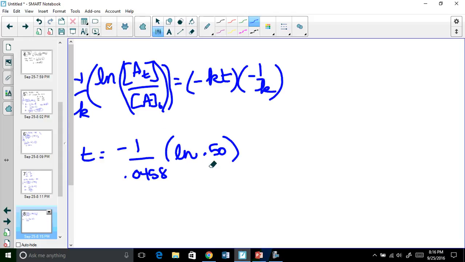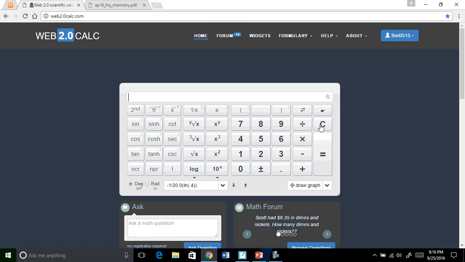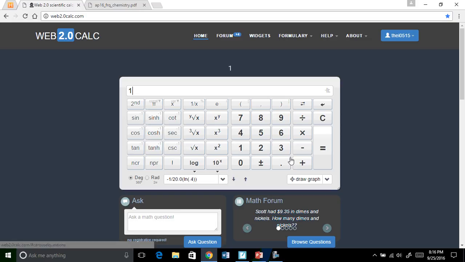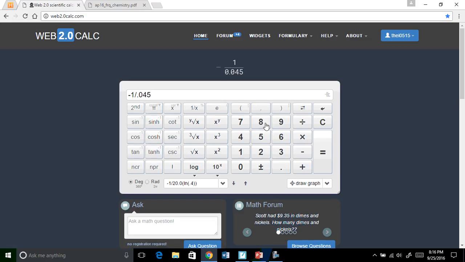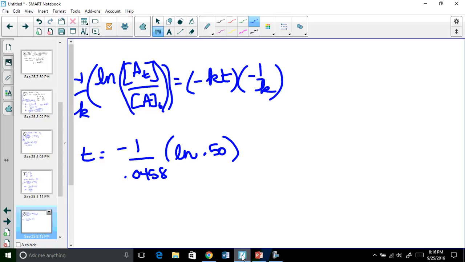And so if I go back to my calculator and I hit clear and I go 1 negative divided by 0.0458 parenthesis ln 0.5 this time, close, close, enter, and there's where the 15.1 seconds comes from. And so then t is 15, oh, not seconds, this time the time unit is in minutes.